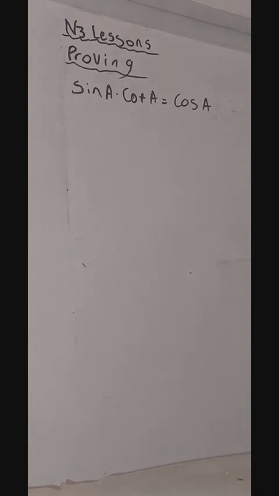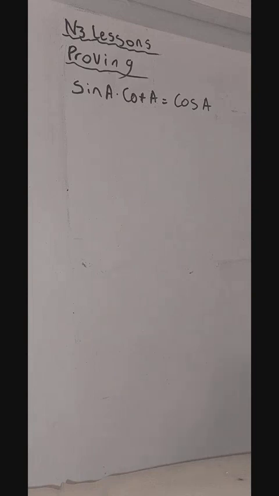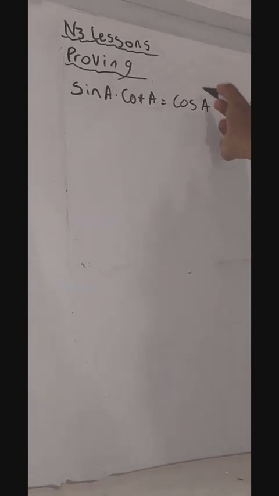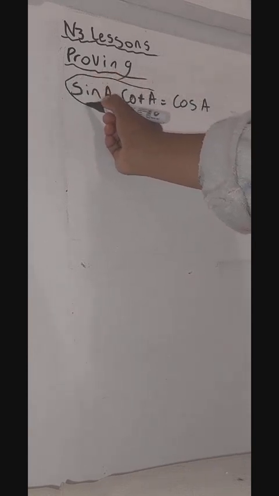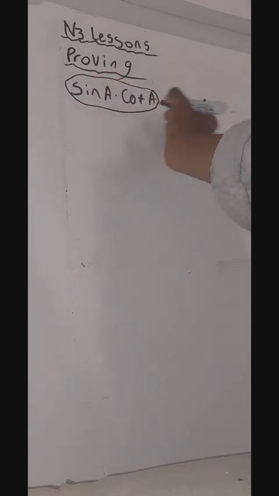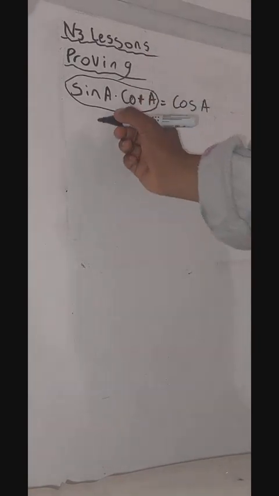Okay guys, now we're going to be dealing with proving. That is the second thing we're going to be doing when we're solving identities. We need to prove that sine A times cot A is equal to cos A. This cannot be changed, it's just seated there. This is dependent. I'm going to choose this side.